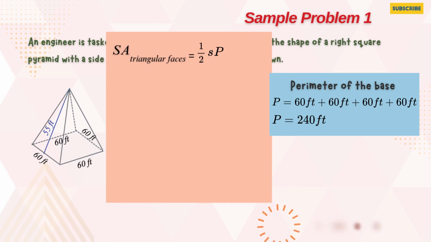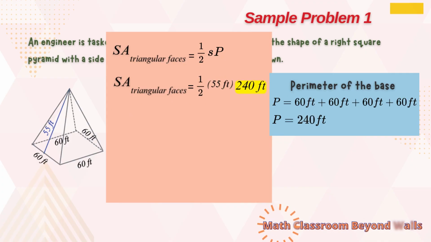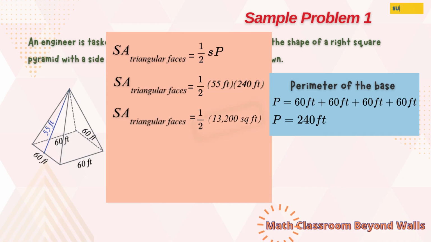Now, plugging in the values into our equation for the surface area, we have 1/2 times 55 feet times 240 feet. Multiplying 55 feet and 240 feet gives us 13,200 square feet.